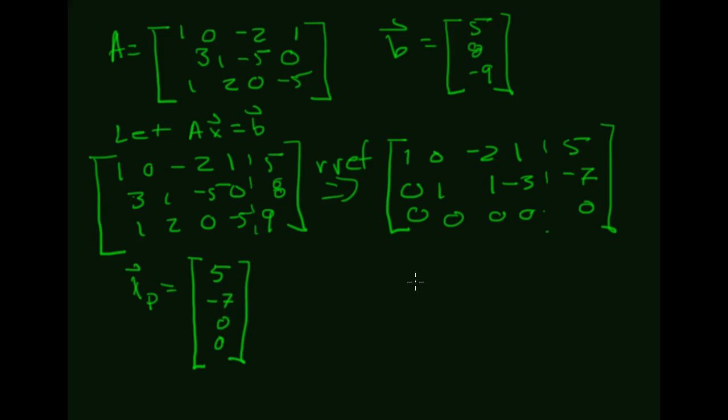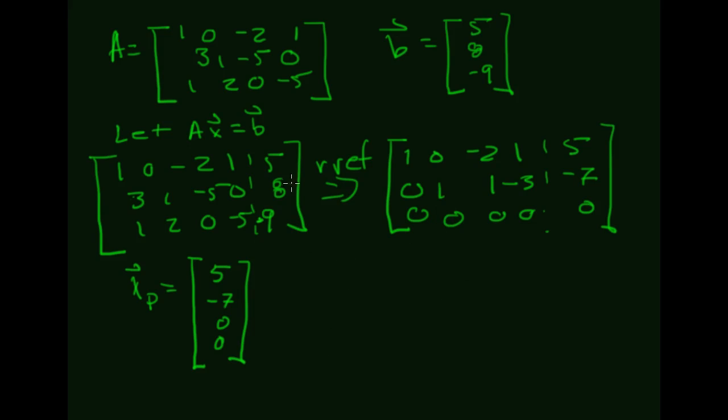That's a particular solution. If I make s and t equal to 0, it is going to give me back the right-hand side, -9, right? Let's make that a -9, not just a 9. We got that.